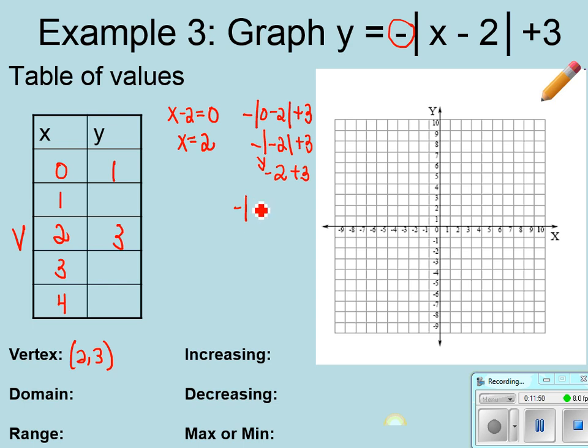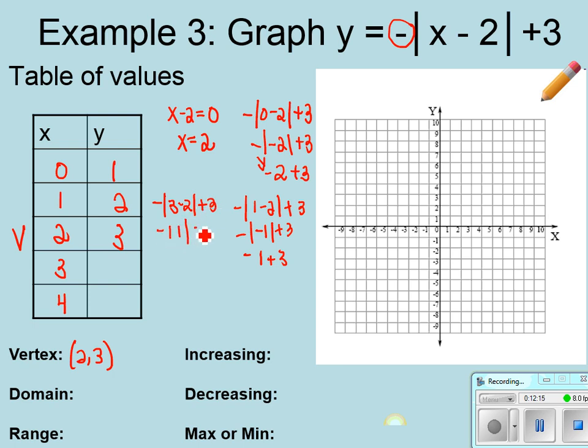So the absolute value of 1 minus 2 plus 3, 1 minus 2 is negative 1. The absolute value of negative 1 is 1. Bring down the negative. Negative 1 plus 3 is 2. Okay, now let's do 3. 3 minus 2 is 1.